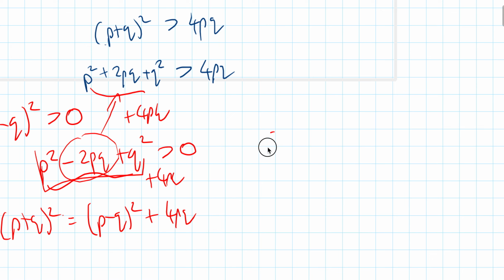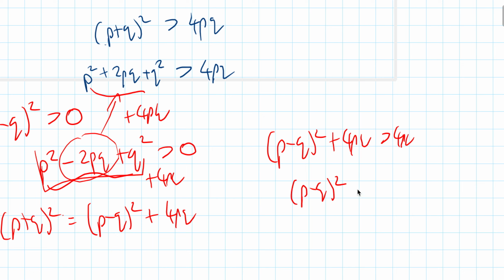So therefore we can say that (p-q)^2 + 4pq is greater than or equal to 4pq, and therefore, if we subtract from both sides, we can say that (p-q)^2 is greater than or equal to 0. So that's how I've done it to prove this statement.